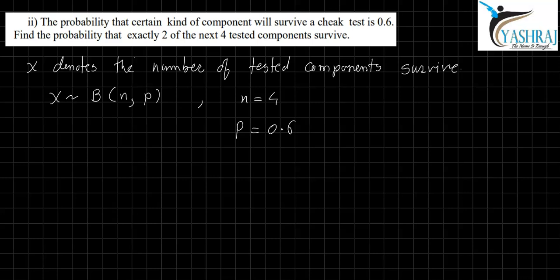So n is 4 and p is 0.6. We have to find exactly 2 components survive among the 4 tested components, which means we have to find P of X equals 2.